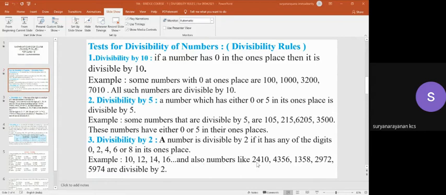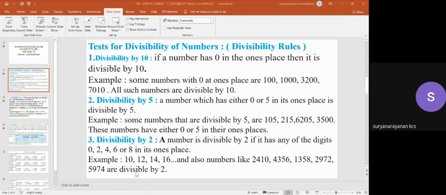Read these numbers, my dear children. 2410, 4356, 1550, 1358, 2972, 5974.